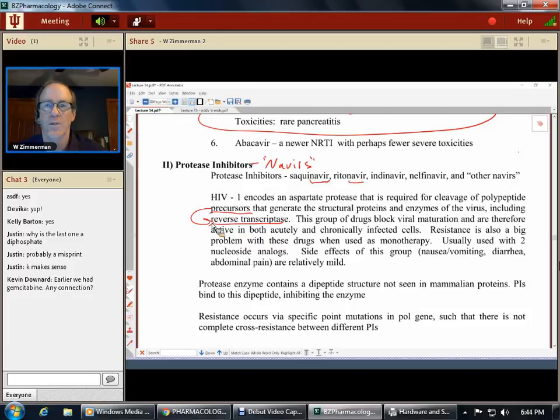So this group of drugs will block viral maturation, therefore they're active in both acutely and chronically infected cells, because the cell that's releasing these virion particles, now the particles won't be able to mature and attach and infect other CD4 cells. So resistance is a big problem if used as monotherapy. You don't use them as monotherapy. Usually use them with two nucleoside analogs. It's real common in HIV therapy. Just say the usual HIV therapy.